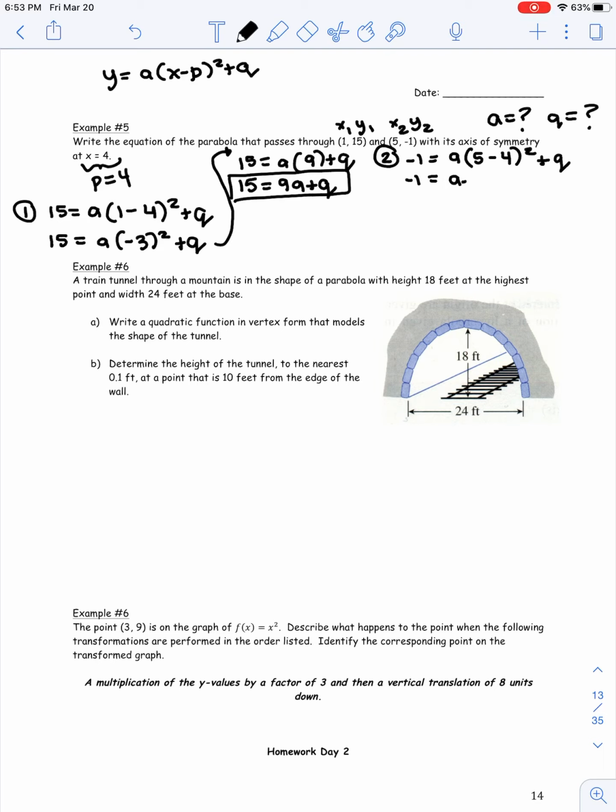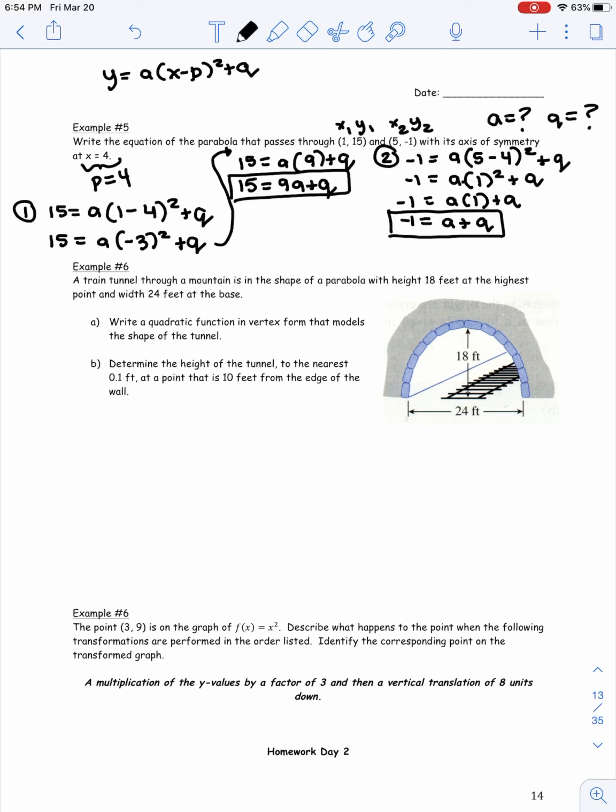We have negative 1 equals a, in brackets 5 minus 4 is equal to 1 squared plus q. So we have negative 1 equals a times 1 plus q, which means that our second equation is just negative 1 equals a plus q. So those are our two equations.